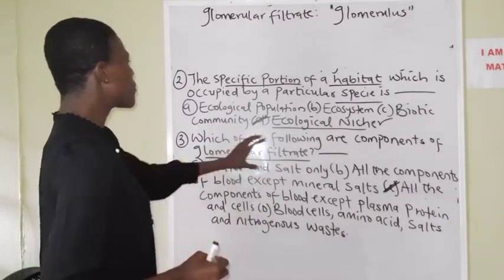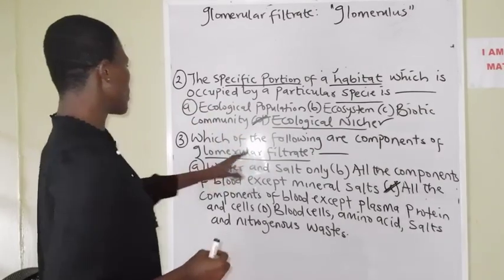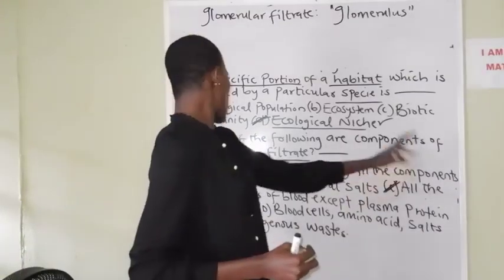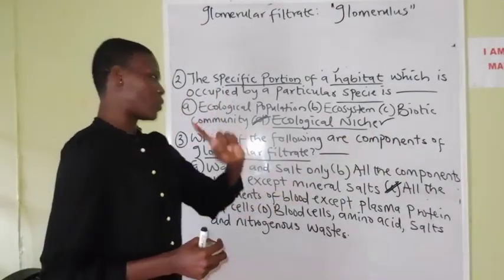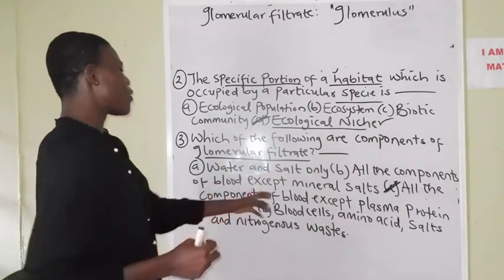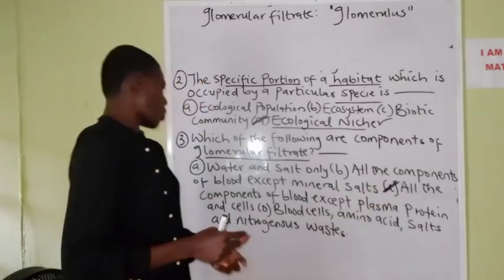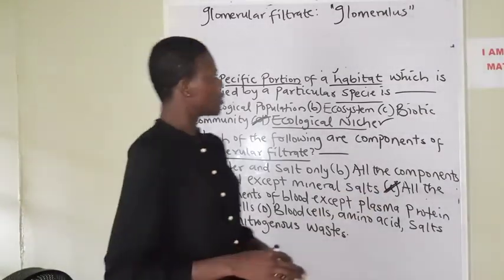A. Water and salt only. B. All the components of blood except mineral salts. C. All the components of blood except plasma, protein. Okay. So let's go to the next question.